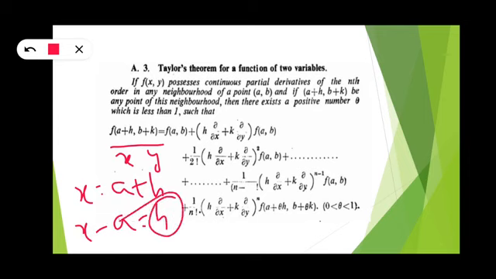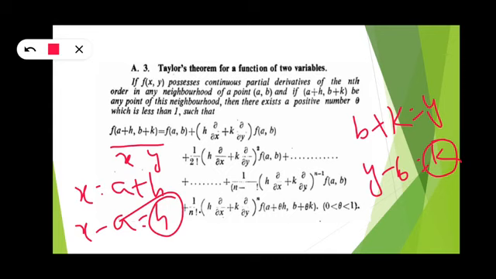So h is equal to x minus a. And b, we just take b plus k is equal to y. Then y minus b is equal to k. So if we replace h and k with x minus a and y minus b, now the formula will be what?